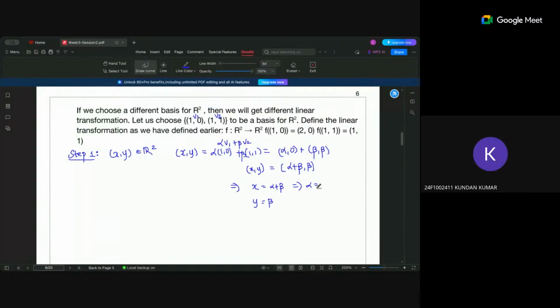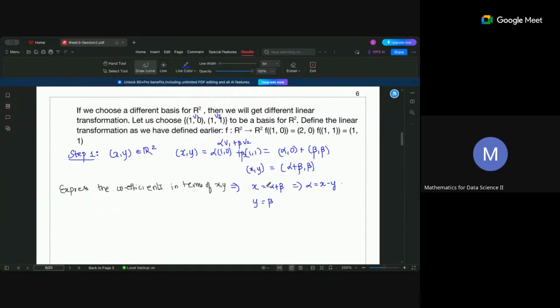Alpha is x minus y, right? See, remember, in this place you have to express the coefficients in terms of x and y. That is what we need to do.